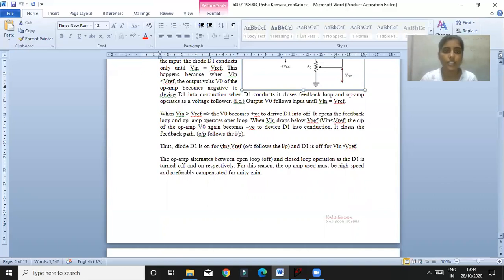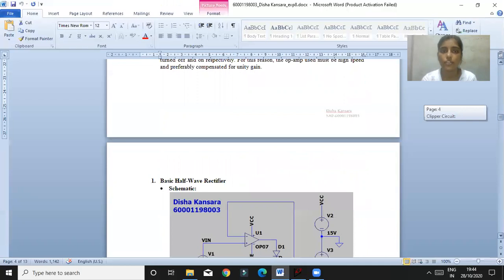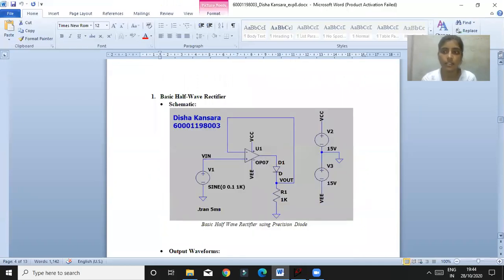It closes the feedback path. Thus the diode D1 is on for Vin less than Vref, and D1 is off for Vin greater than Vref.